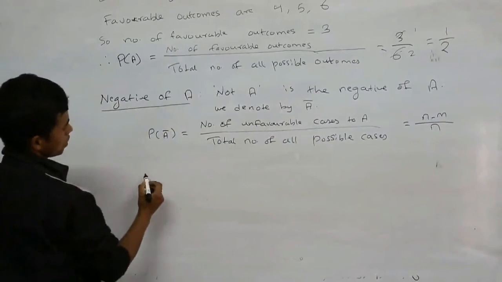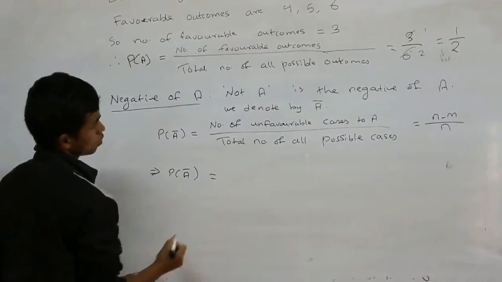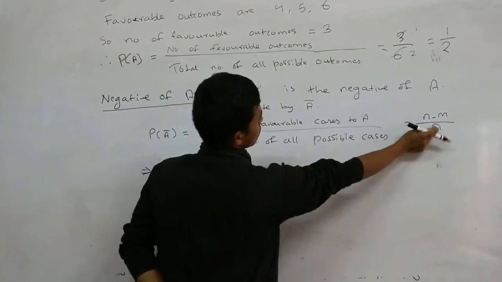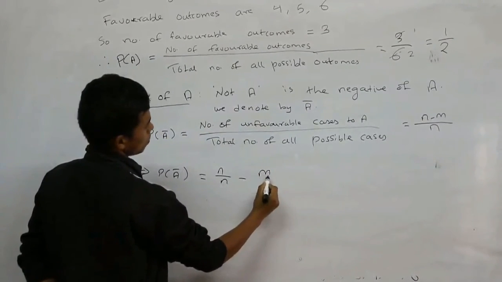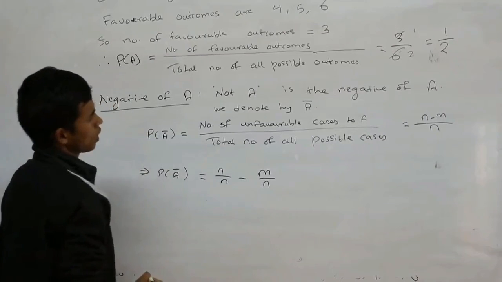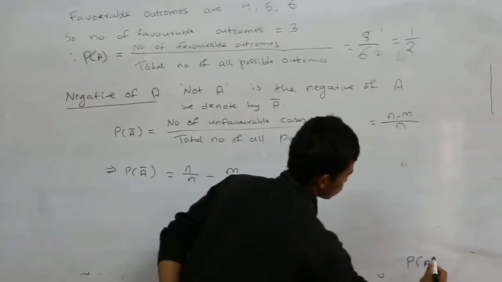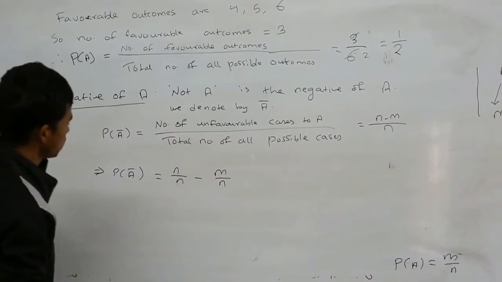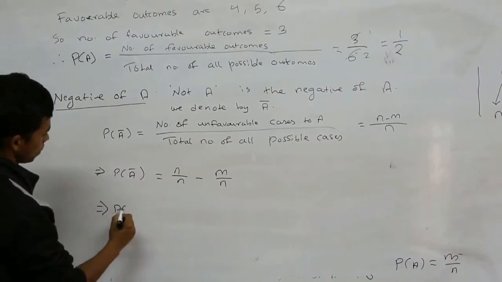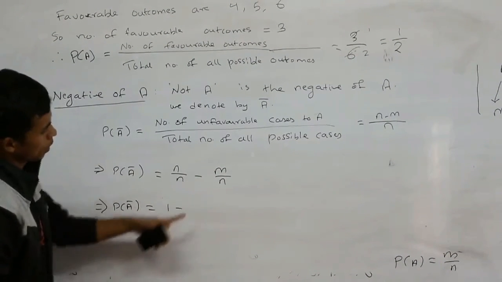We can simplify this. P(A bar) is equal to, dividing individually, n by n minus m by n. And before we have that P(A) is m by n. So P(A bar), n by n is 1, minus m by n.